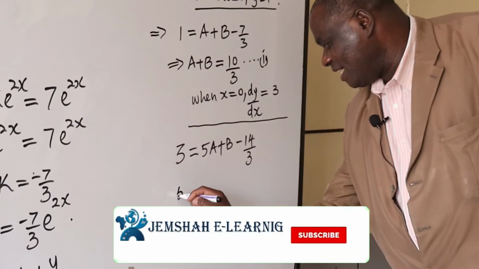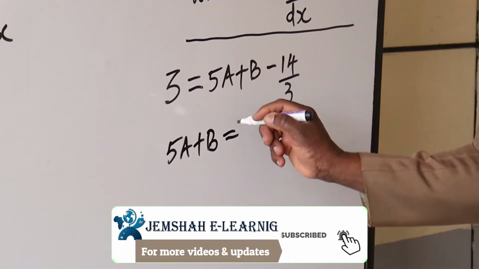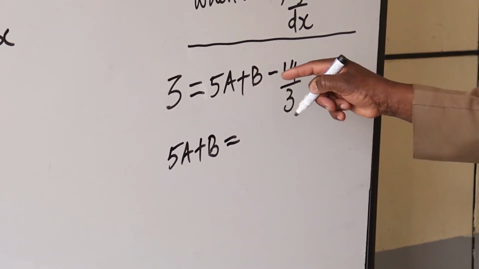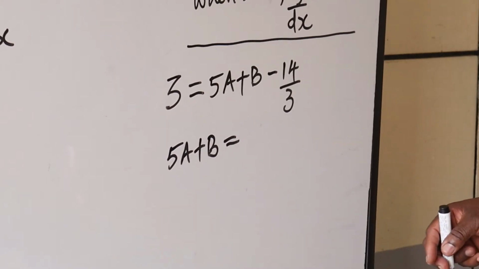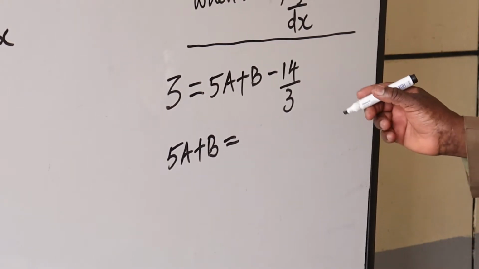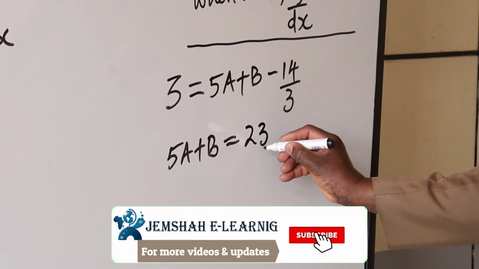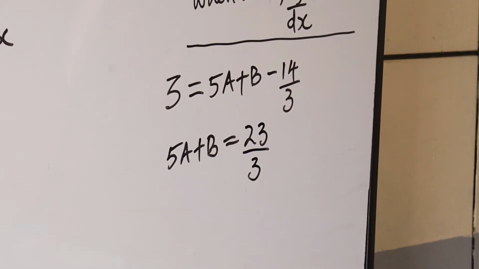Now we can see here 5a plus b will be equal to 3 plus 14 all over 3, which gives us 23 all over 3.